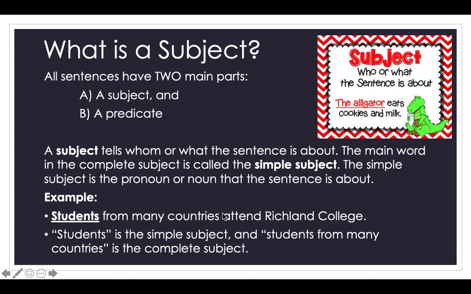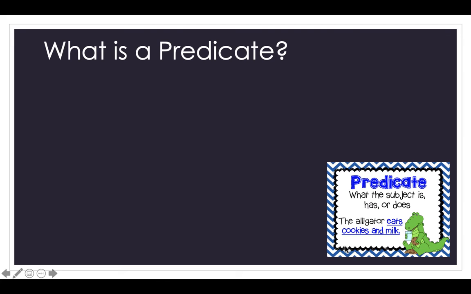Sometimes it helps us to think about the subject is what comes before the verb. So all of this, what kind of students, which students, what about the students? Students from many countries. We're talking about those students, the students from many countries, and then the verb, attend Richland College. Okay, so you can have a short, simple subject or a longer subject, a complete subject.